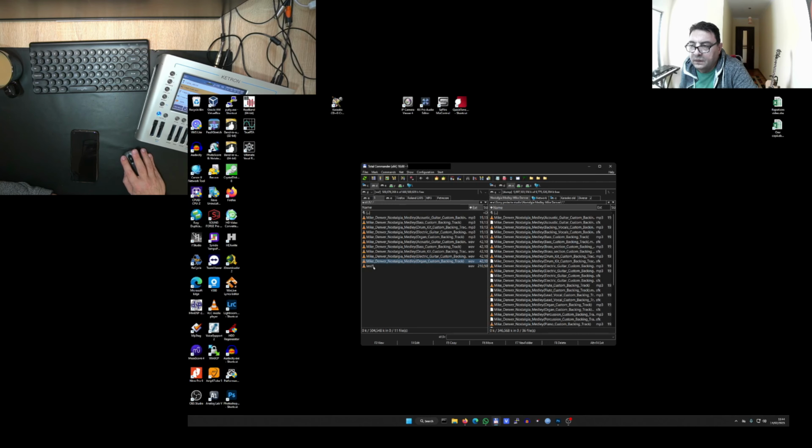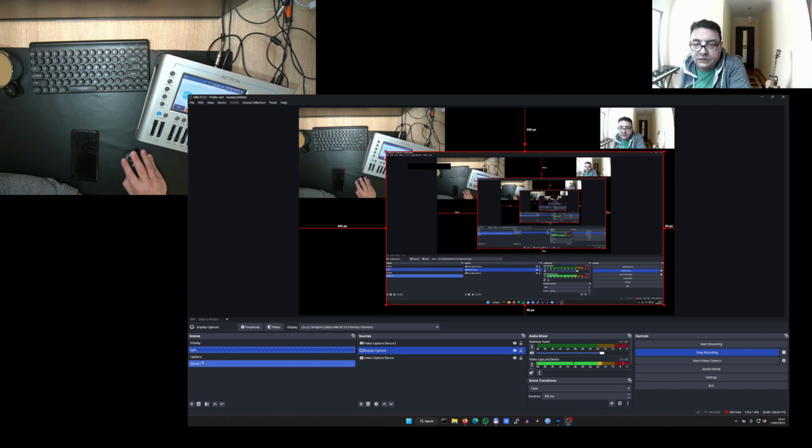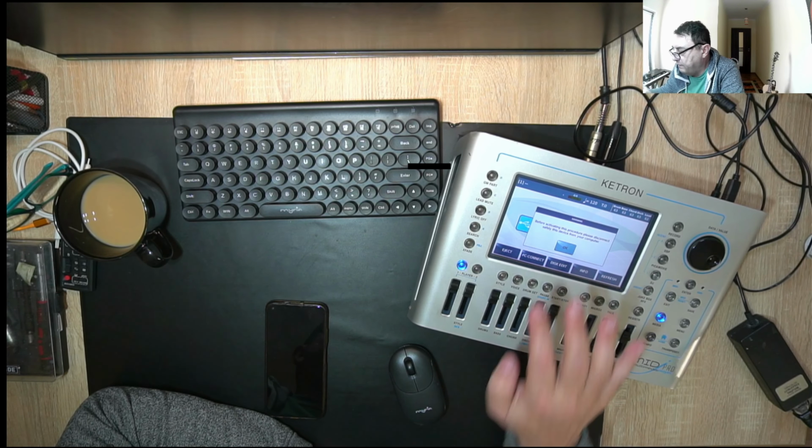And we got the wave there. It's very consistent, like 210 megabytes. And okay, let's move this into the Ketron. Okay, there we have it.